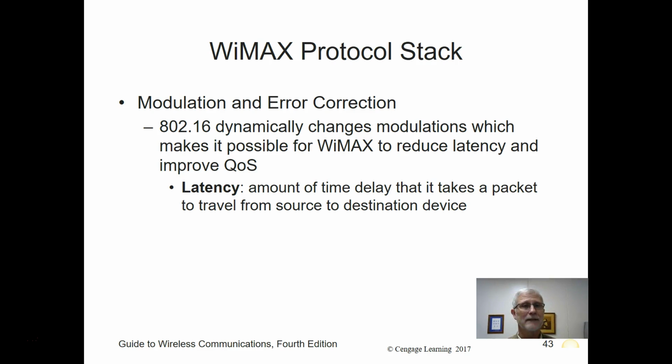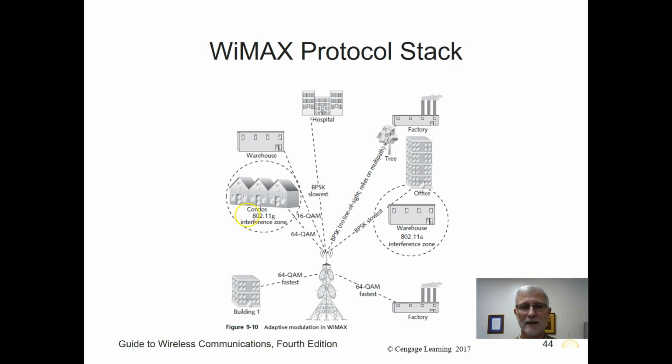So I've got modulation and error correction. I can also take into consideration latency, and try to reduce that delay to improve the service. That gives you a rough idea of what that protocol looks like and who would use which options.